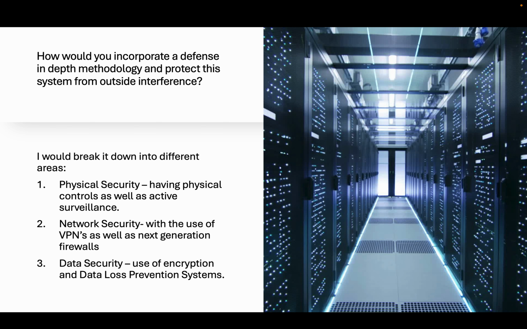In terms of network security, we see that VPNs are very beneficial in making sure that your traffic between the tunnel is encrypted, as well as having next generation firewalls, as I mentioned earlier, with the flexibility of it. Lastly, with data security, using encryption and using data masking to make sure that sensitive data is not used but is also protected, especially when being tested. And also, if any data is leaked or taken out, you can use data loss prevention systems. Very beneficial, very helpful. Quick little presentation.